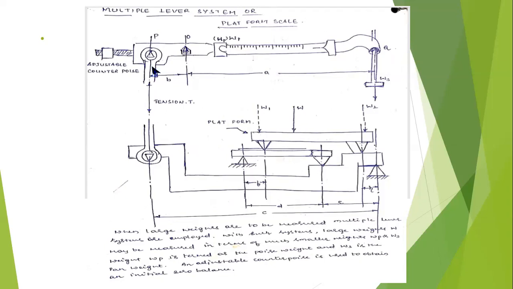So what all things are present here? There will be an adjustable counterpoise before starting the measurement. Bring the poise weight and the lever to read null balance. This lever or clamp or weight can be moved in the forward direction according to the weight of the bag placed on the platform.